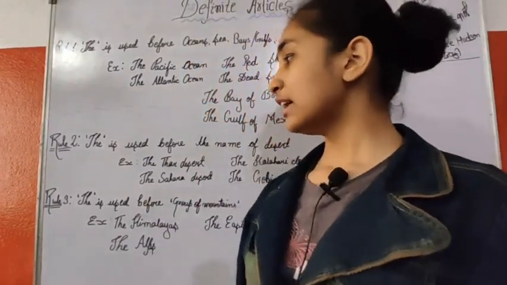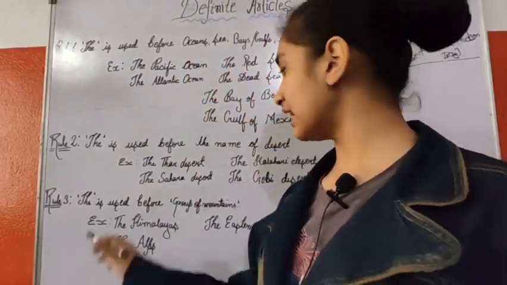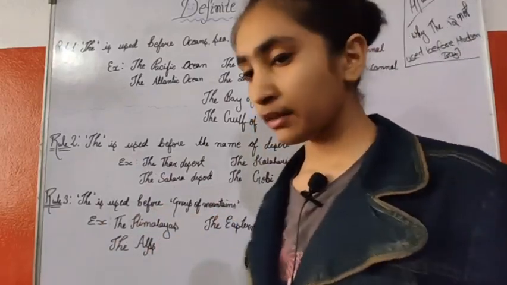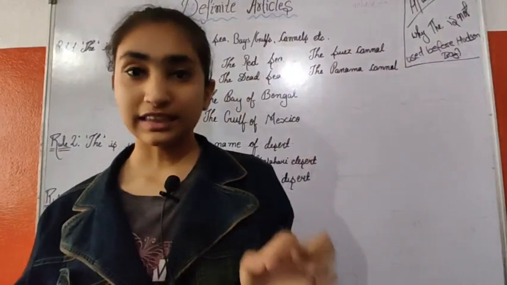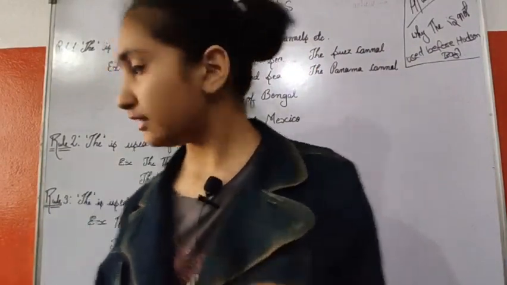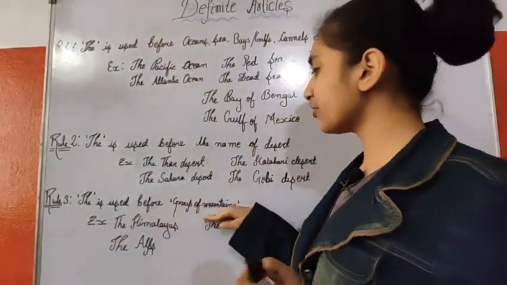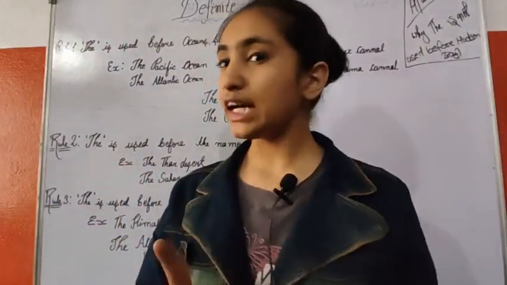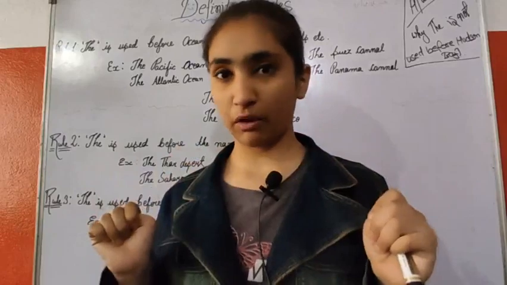After that, our rule 3 says that "the" is used before groups of mountains. Here you will have to concentrate: "the" is used before groups or series of mountains, but not before the peaks of mountains.